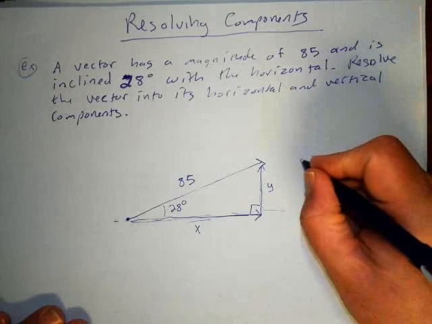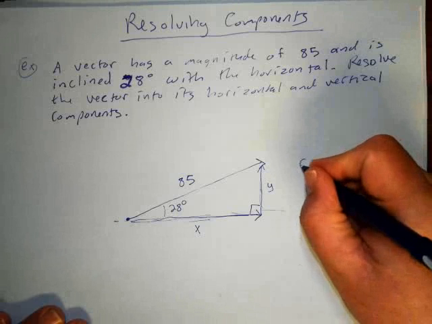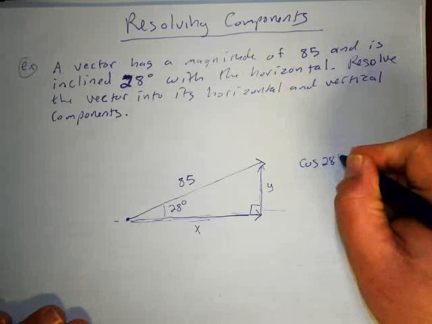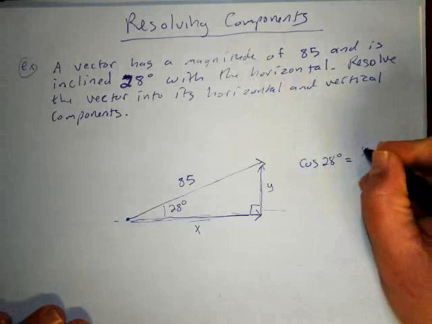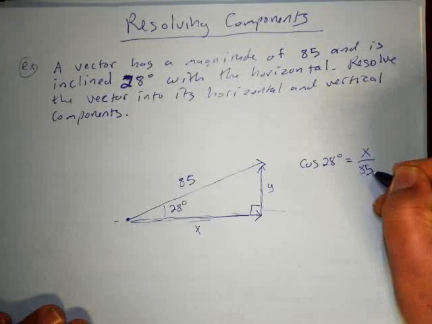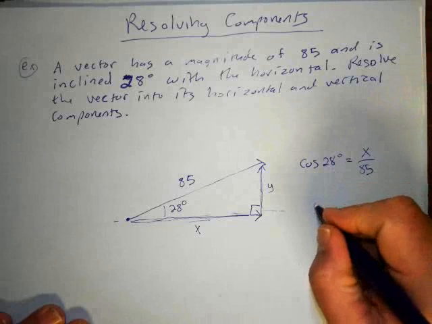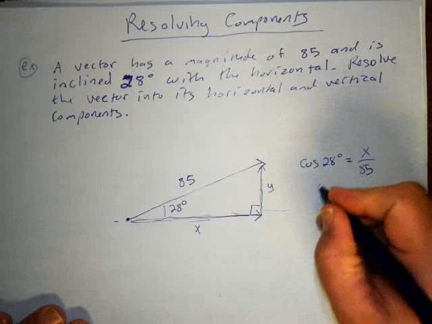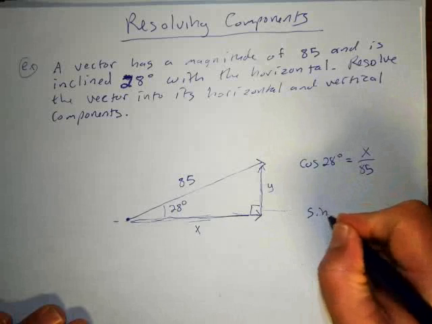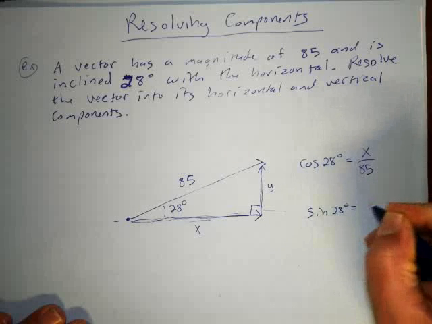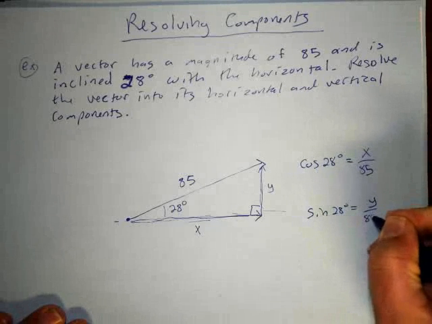Then we would get that the cosine of 28 degrees is equal to x over 85, and the sine of 28 degrees equals y over 85.